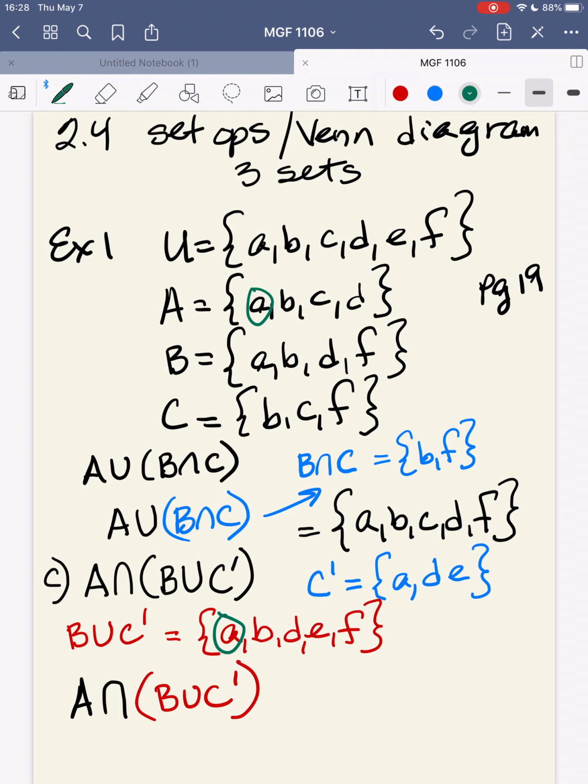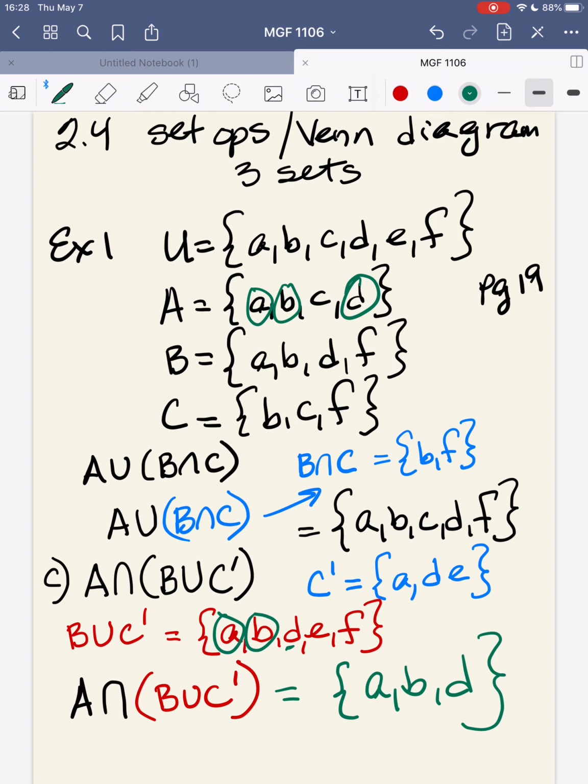They both have a B. This one doesn't have a C, so no C here, but we have a D, so they both have a D. And we're out of elements in A, so there's nothing else in common. So this one is going to be A, B, and D.